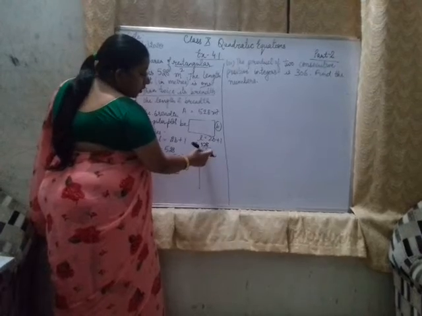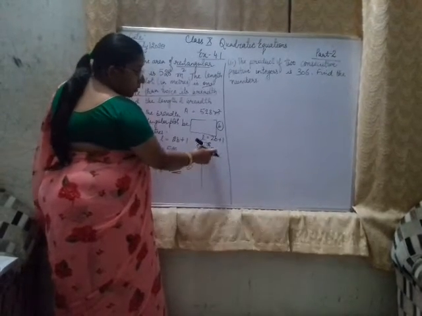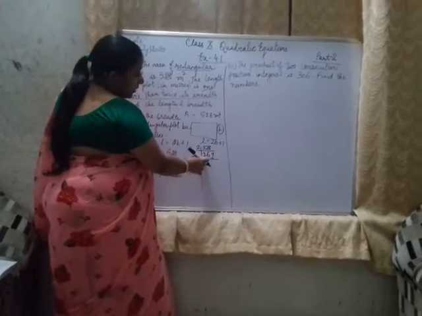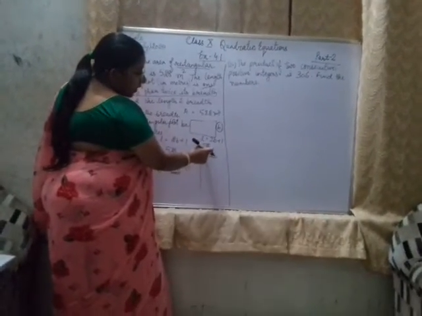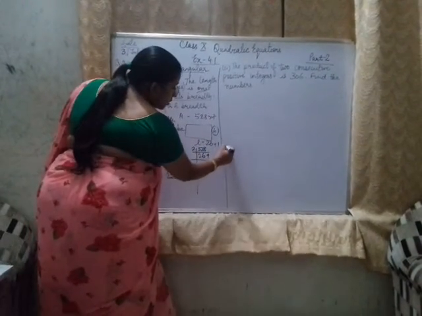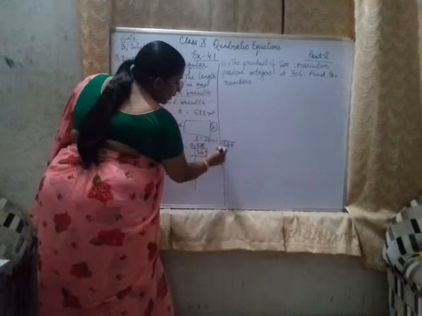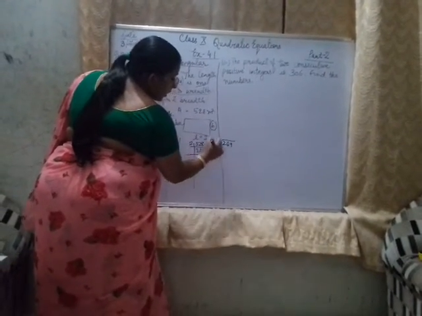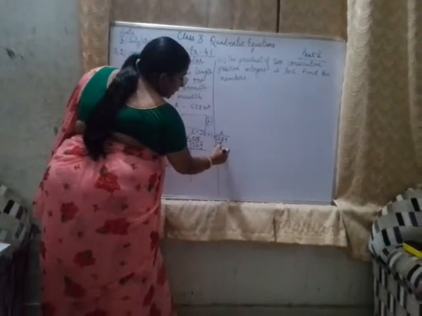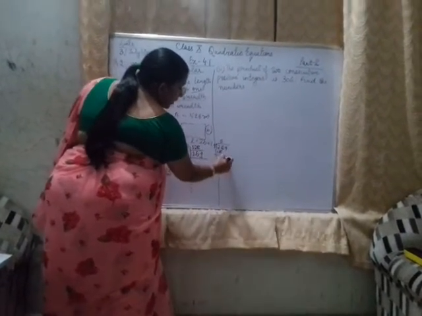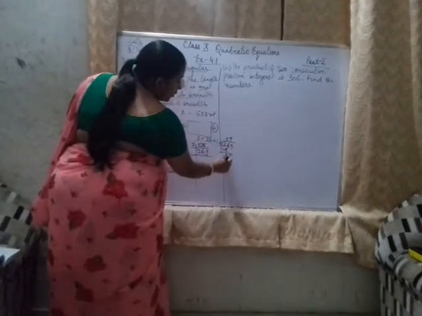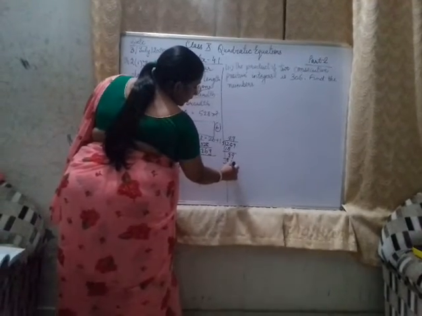Then 8, it will not go by 8 because it is not divisible by 4 and 2. Then 9, 9 threes are 27, 9 twos are 18, and it is still not going.